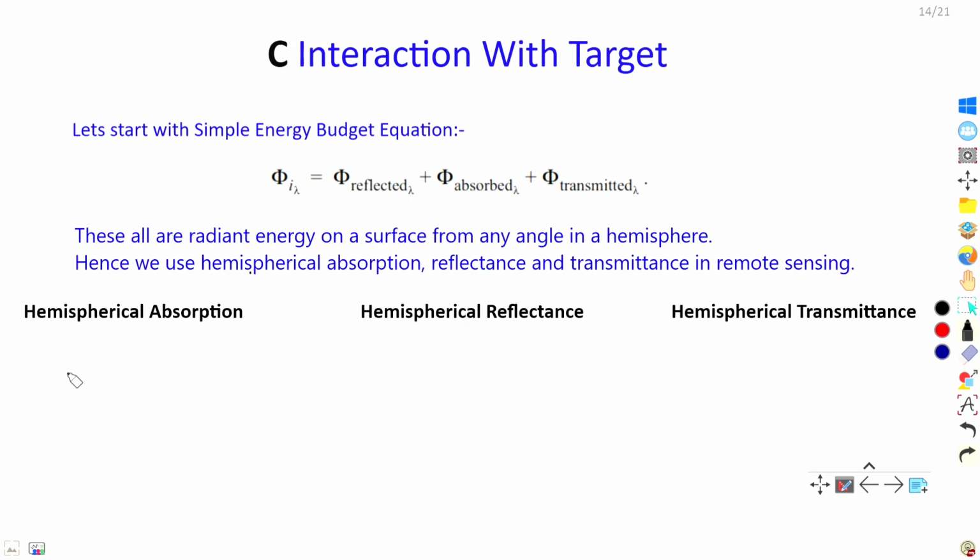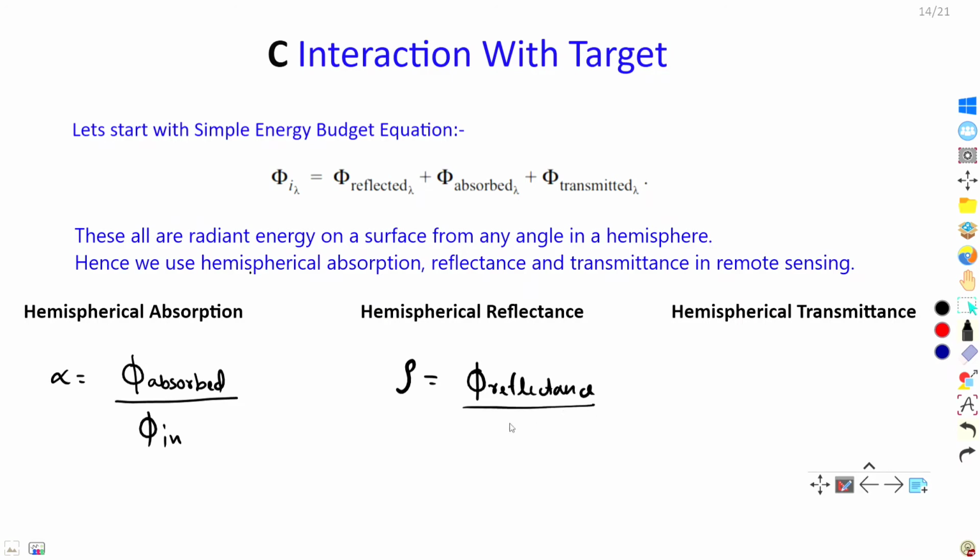Hemispherical absorptance is represented by alpha. It is the ratio of phi absorbed to phi incident. Then hemispherical reflectance is represented by rho. It is the ratio of phi reflected to phi incident.